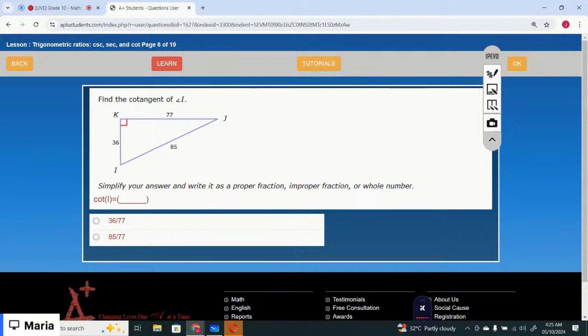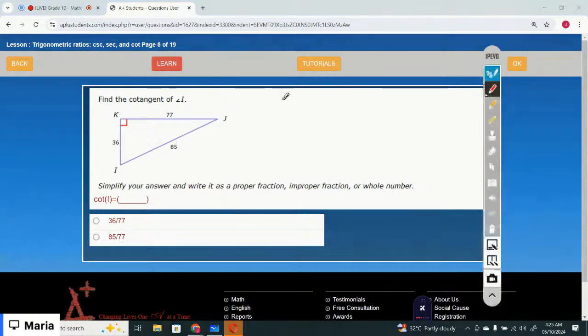Find the cotangent of angle I. So cotangent of angle I is the reverse of tan I. So that is opposite divided by hypotenuse, right?